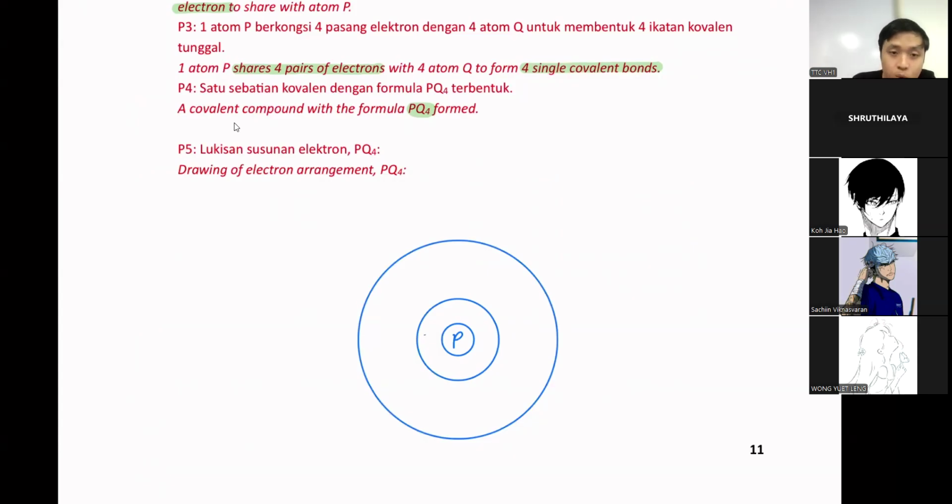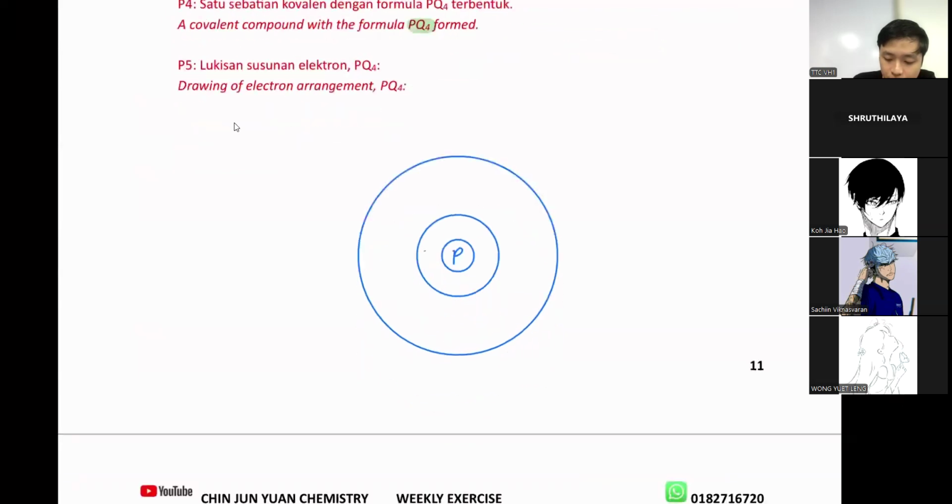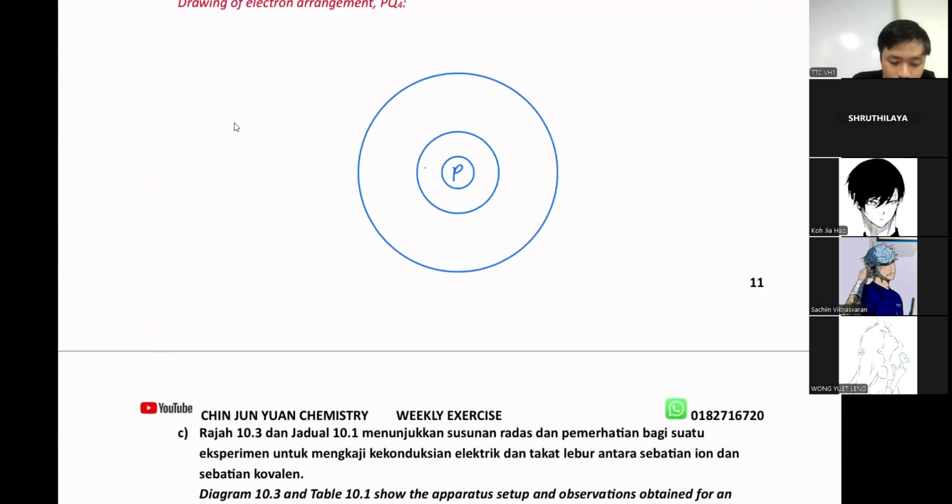Don't forget, you have to draw Q also. Q only has one shell. But P has four, right?